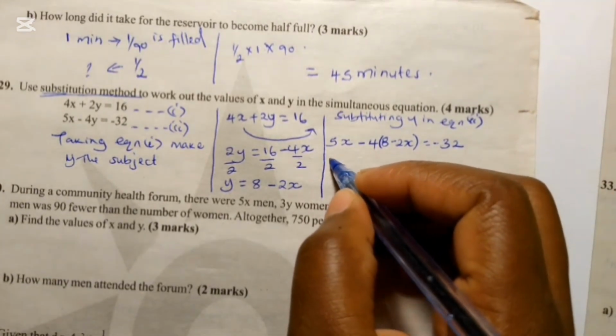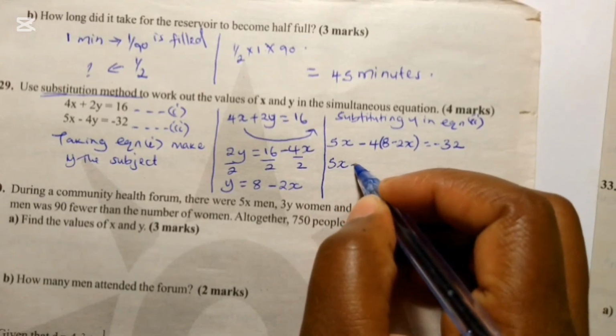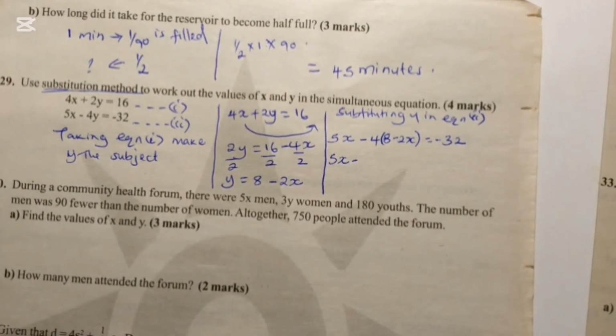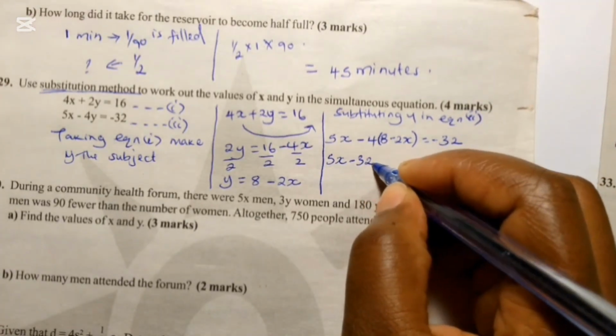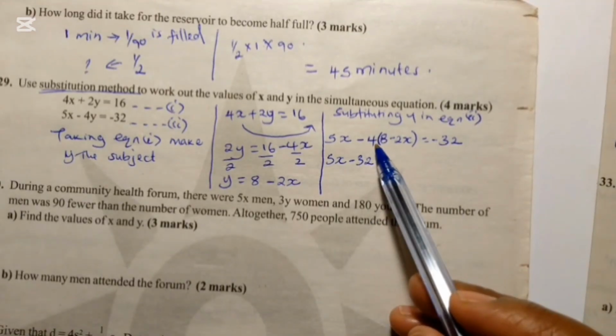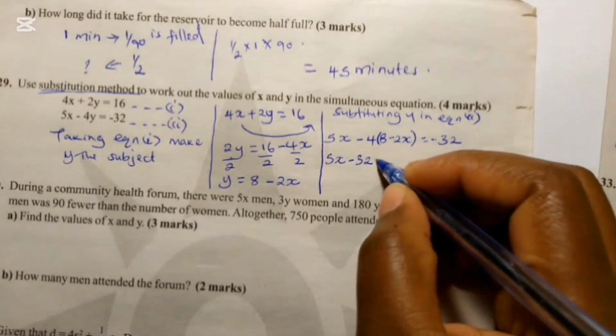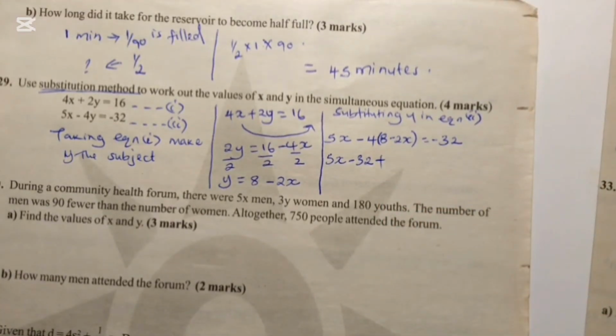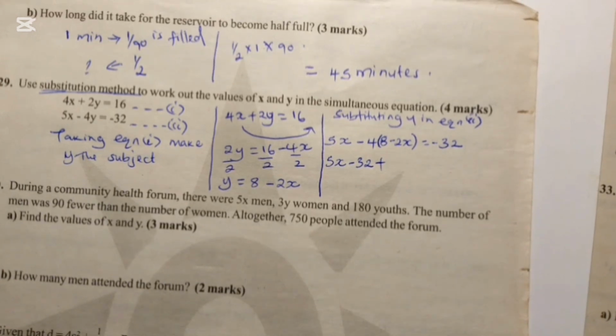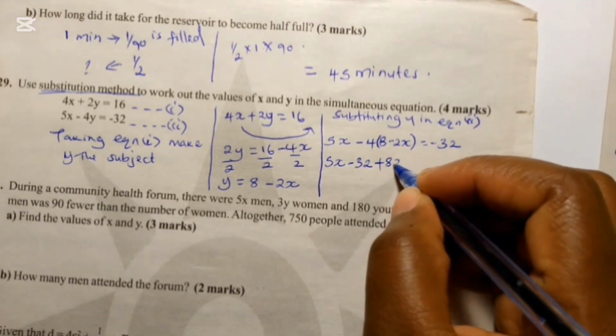Opening the brackets, we shall have 5x minus 4 times 8, which is 32. And then we have negative 4 times negative 2x, which is a negative integer times a negative integer. We are supposed to get a positive, and in this case this will be positive 8x.